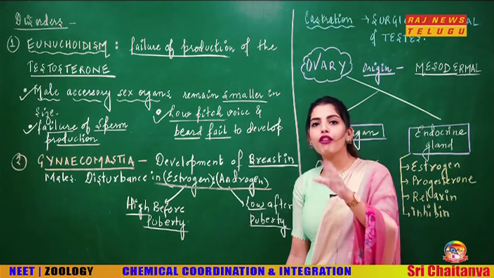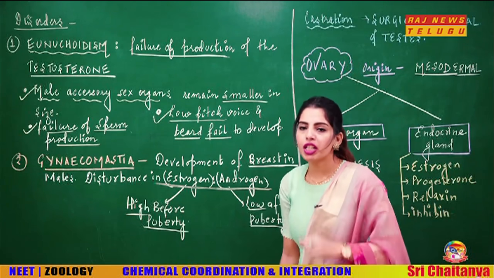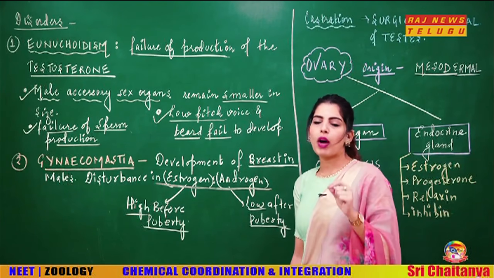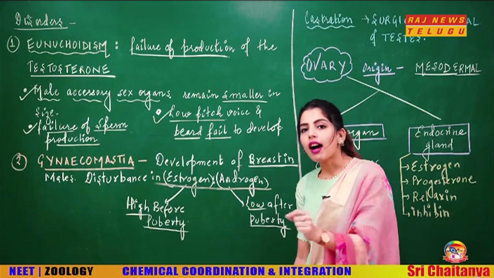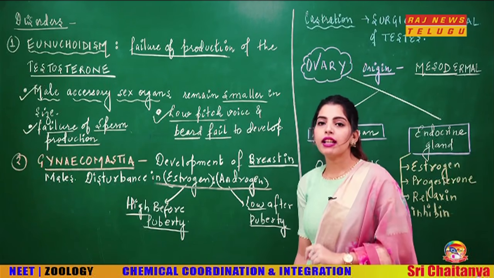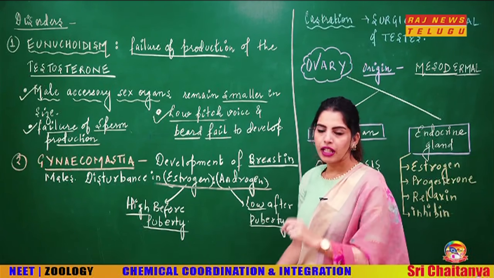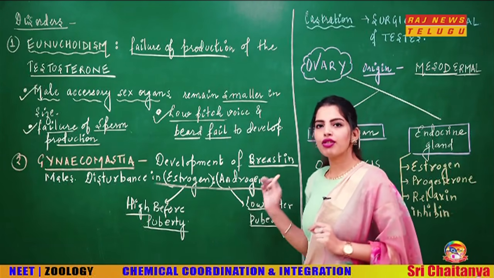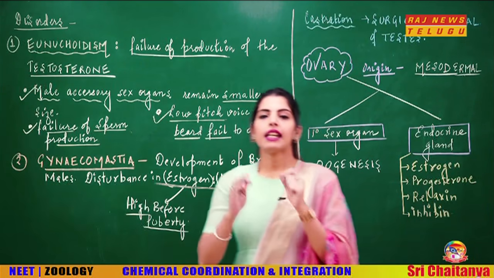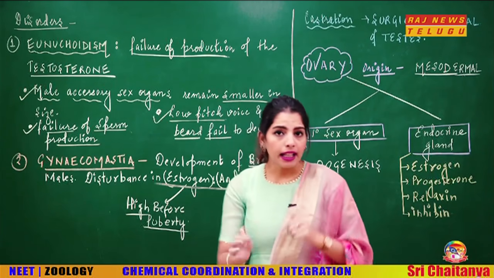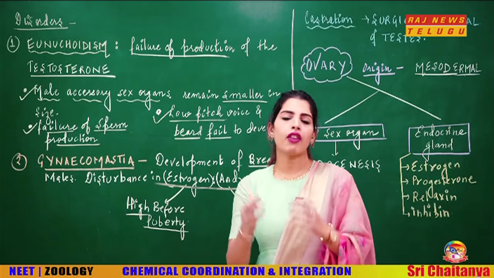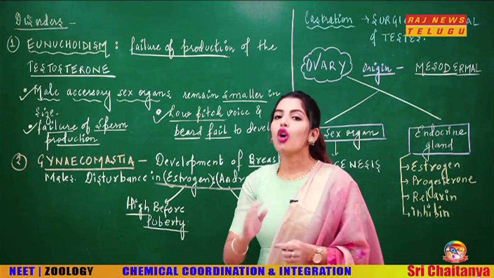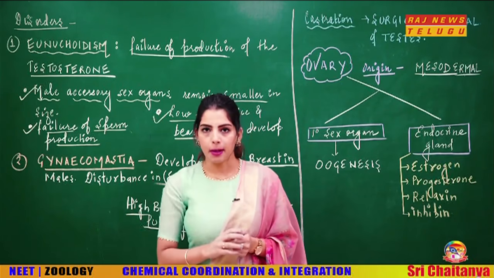What happens if in a male the level of estrogen is quite a bit high before puberty, and after puberty the androgen level is quite a bit low? Estrogen high before puberty and androgen lower after puberty is going to cause a disbalance, and that leads to the development of breast in a male called gynecomastia.